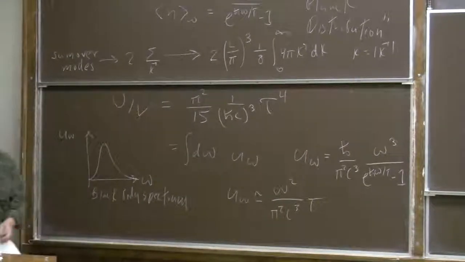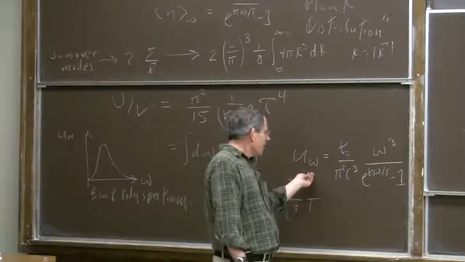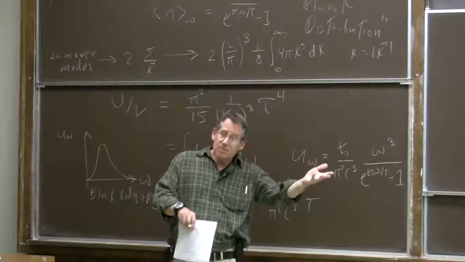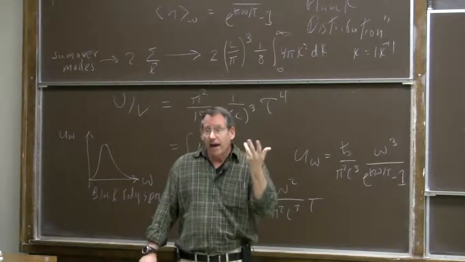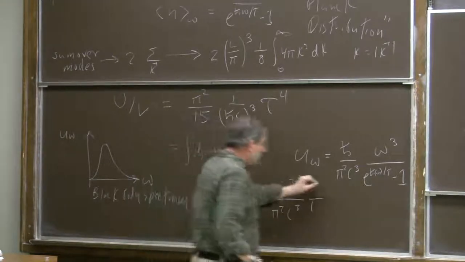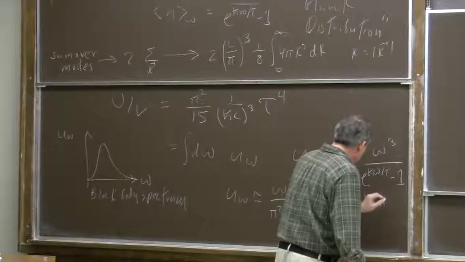Actually, that formula results from the observation that, as we discussed last time, at low frequency, the amount of energy stored in each mode becomes independent of omega. It's just tau. There's energy tau stored in every mode. Well, this is the Rayleigh-Jeans formula.